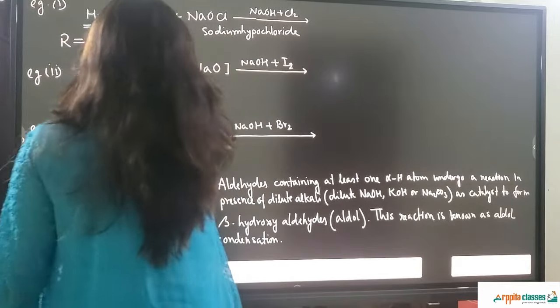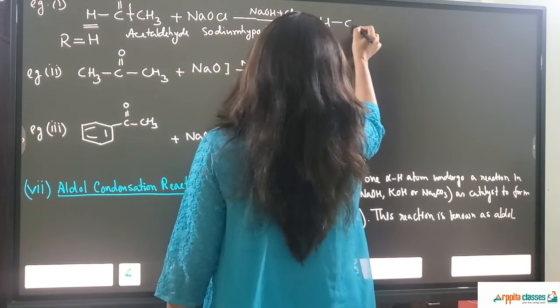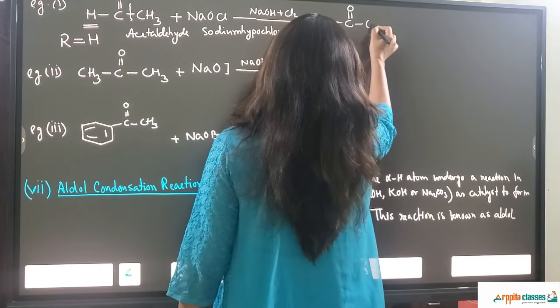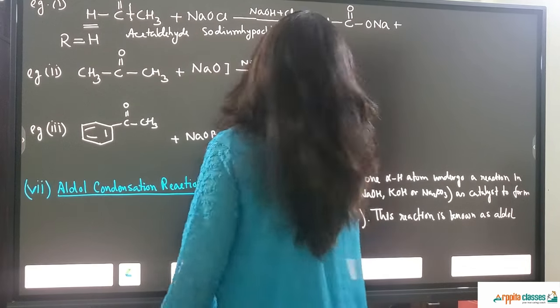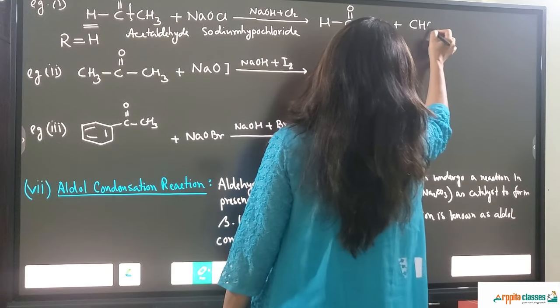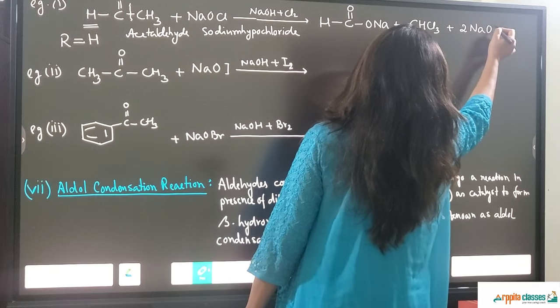Okay, what is happening? See, this bond has to be broken. So we get HC double bond O, ONa plus the Cl gets attached to the methyl group. So we get CHCl3 and we get 2 molecules of NaOH.